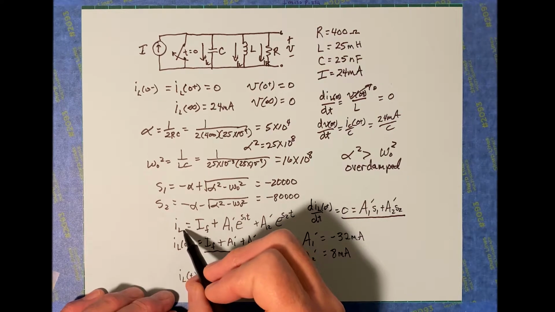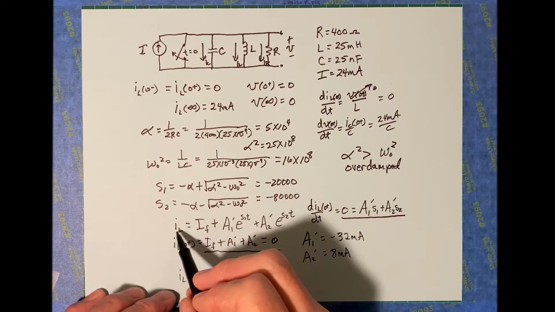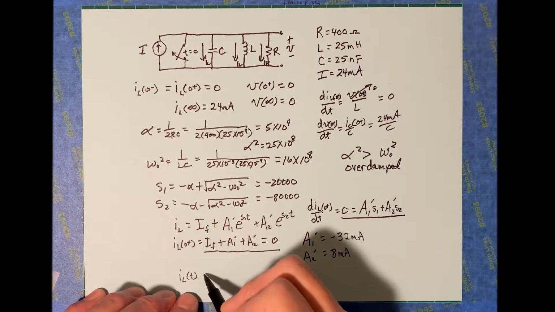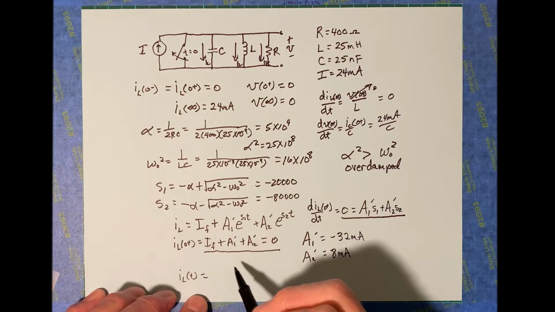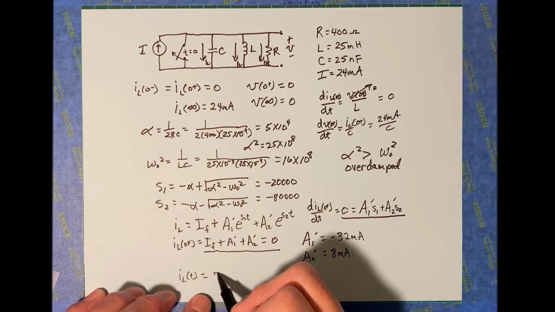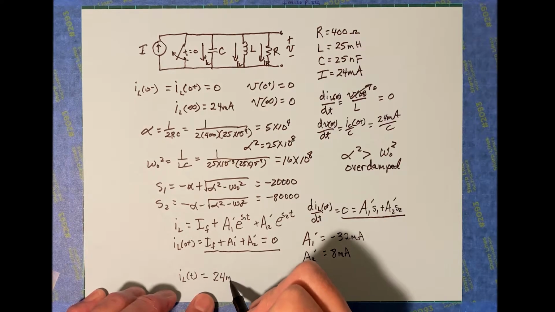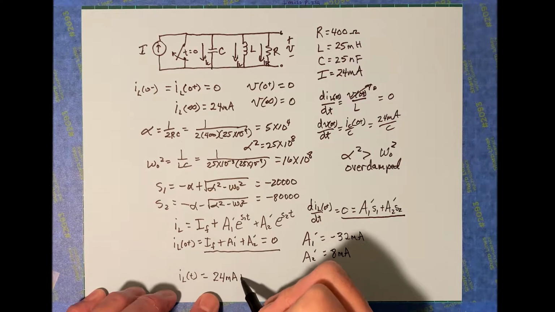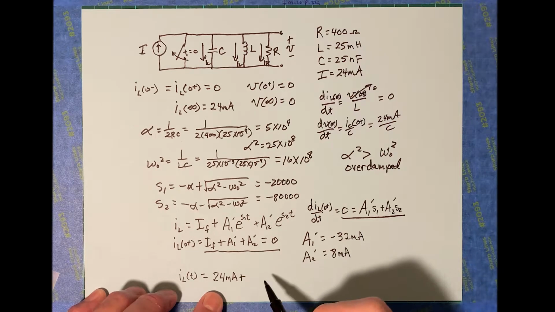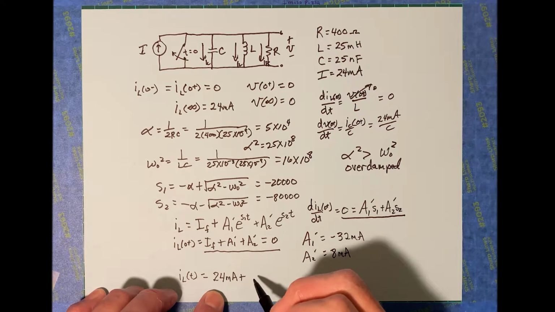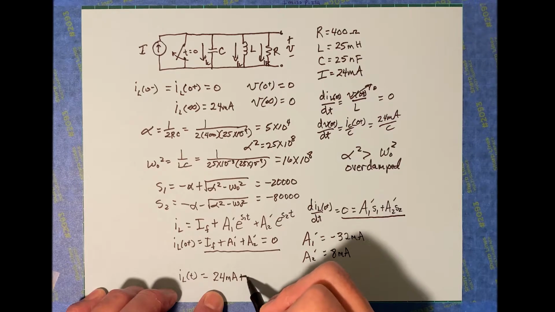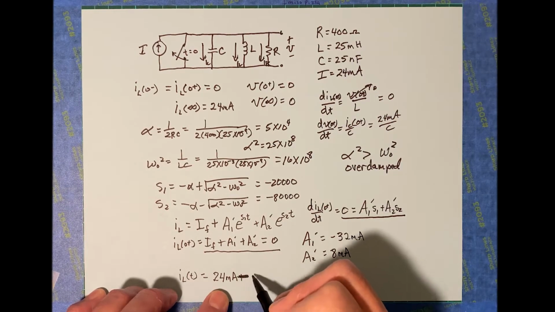I left off the function of time there, but you understand that that is going to be time varying. It equals I sub F, 24 milliamps plus A1, and that's going to be negative, so I probably should have made that a negative there. Pretend that that is a negative.